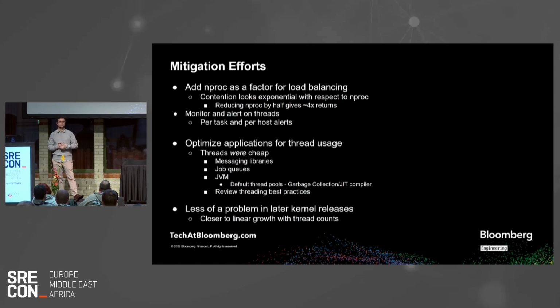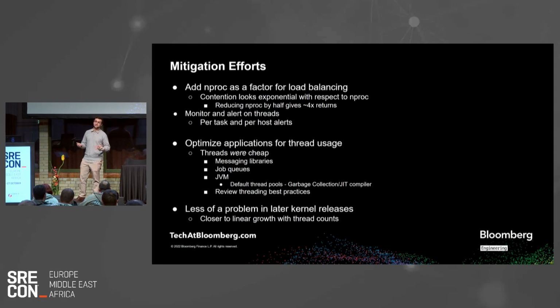So that's not efficient on our large hosts, and we went to these developers and we asked them to tweak their config a little bit and roll it out. For example, the JVM has default thread pools for garbage collection and the JIT compiler, so you can reduce that with just a few config options on the next run of your Java application. And also, we made an effort to review some threading best practices.